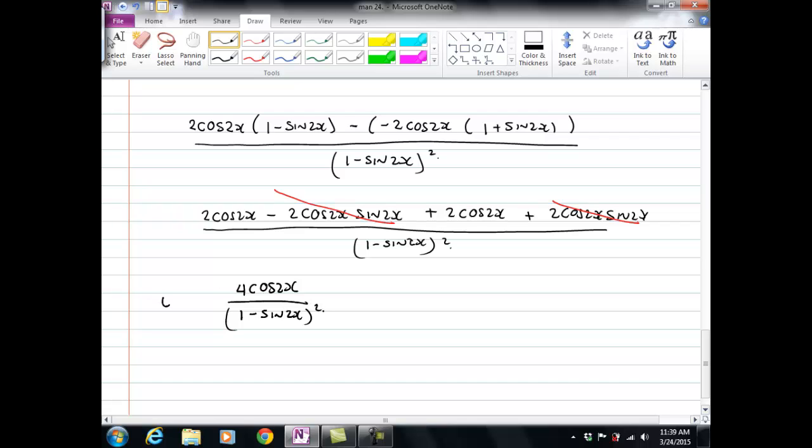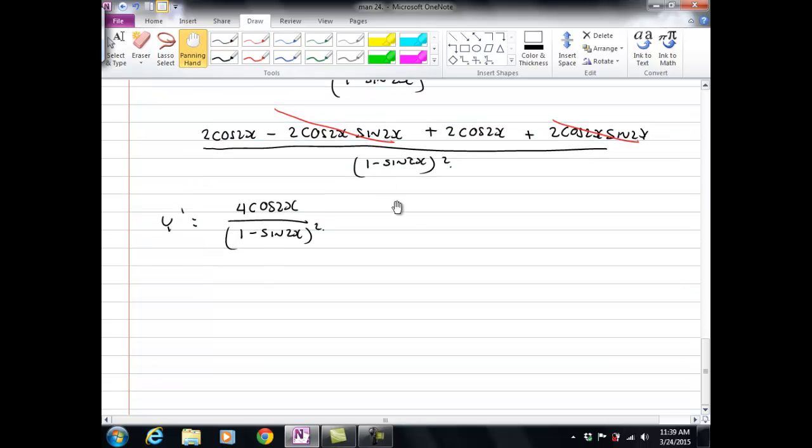That is your y prime, which is also the slope. I asked you to do it at x equals 0. The reason I chose x equals 0 is it gives your number a really nice answer. I plug 0 into my equation, and you should have 4 as your slope. So this now becomes y equals 4x plus b. Now a lot of you raise your hand and say, "Mr. Snow, you didn't give me a y value.